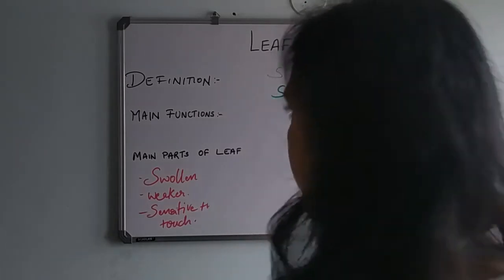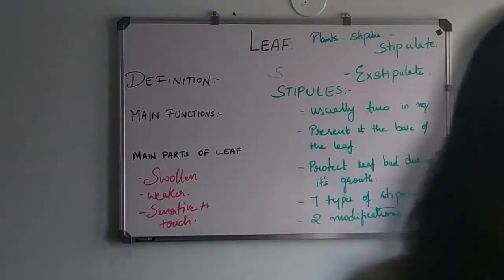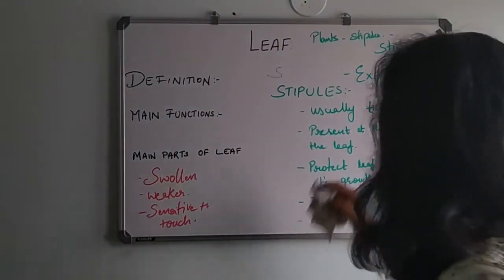So the 7 types of stipules which we are going to notice are as follows.